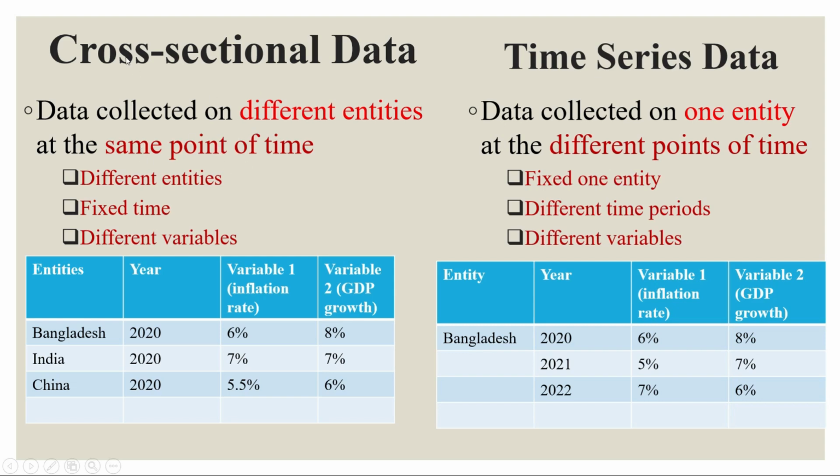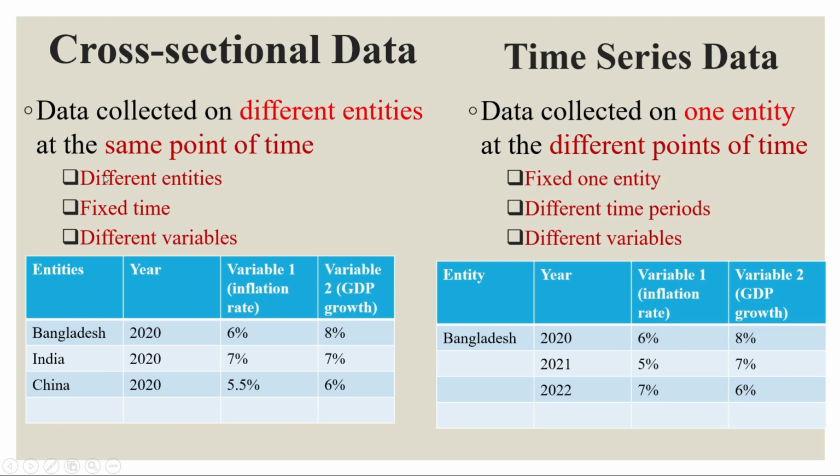That means in cross-sectional data, there will be different entities, a fixed time, and data will be collected on different variables. For example, here data has been collected on three countries, Bangladesh, India, and China.